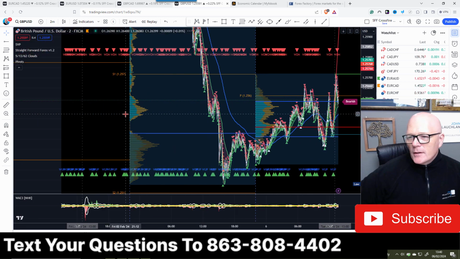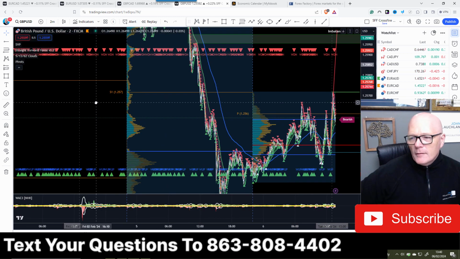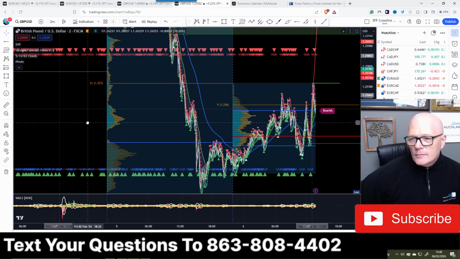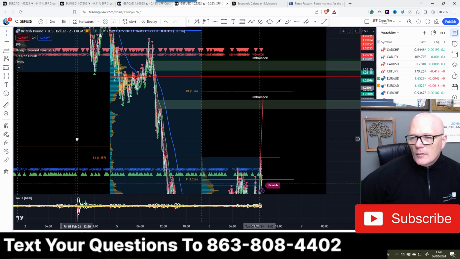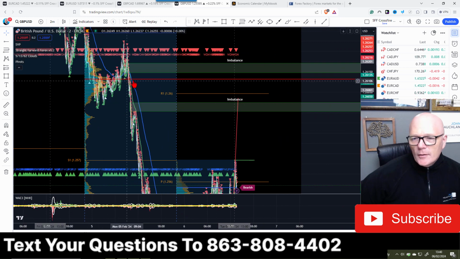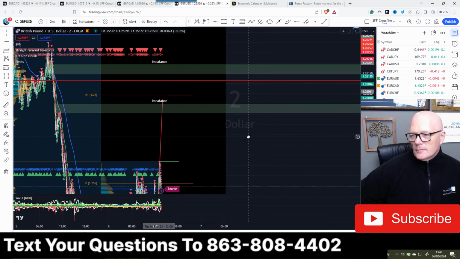One of the things we can do with this strategy for additional areas of interest is look at what we call points of control. This area here is yesterday's point of control, and this is where the majority of the trades happened.